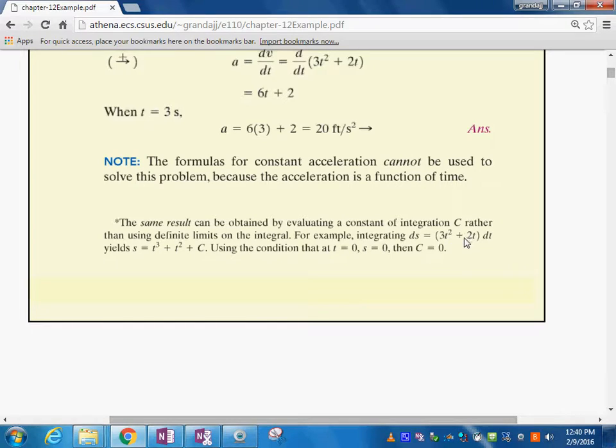So if you use the condition that when t is 0, then c is 0. Okay, so that is a short application of this.